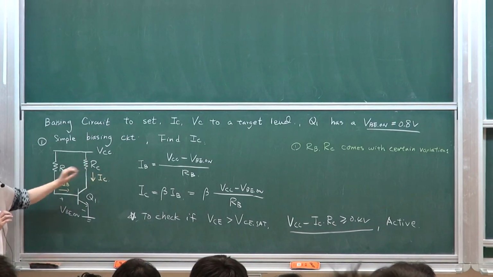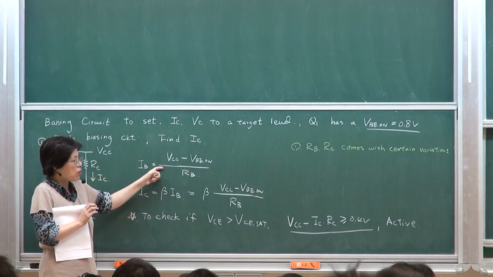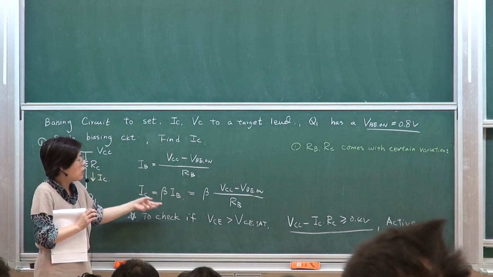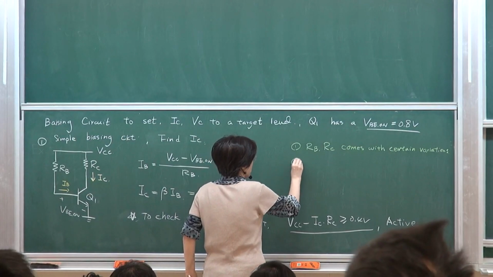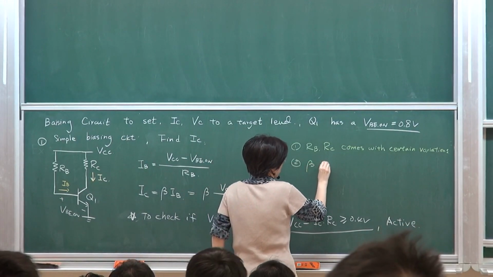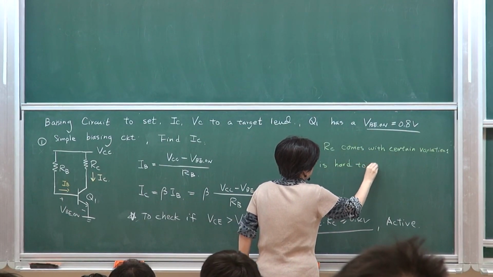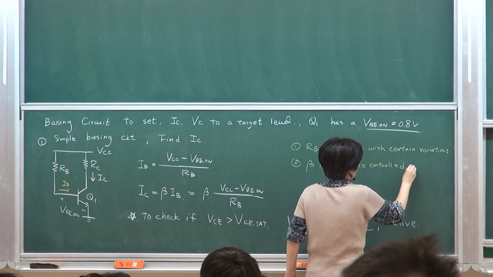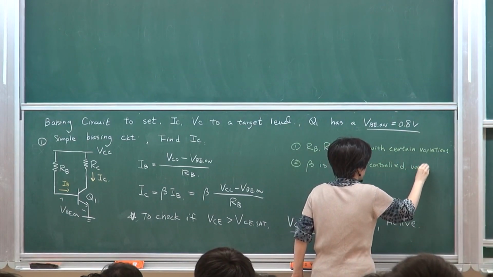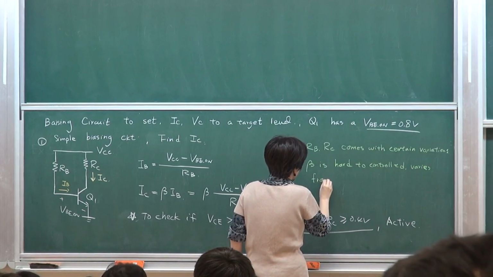So that means that your base current will actually vary by 10%, for example, or even 20%. And then the other thing is that one of the parameters, beta, is hard to control, and actually varies from device to device.